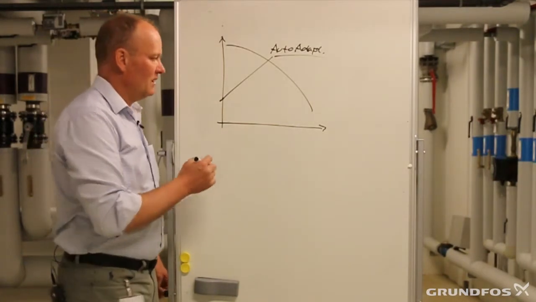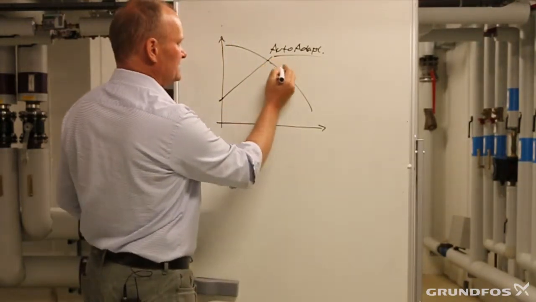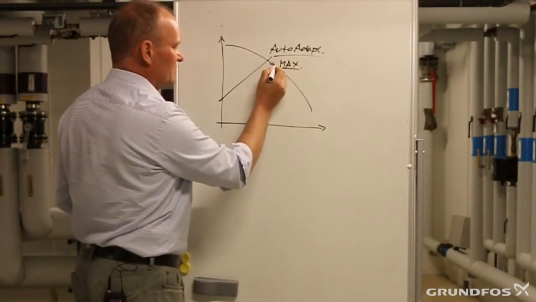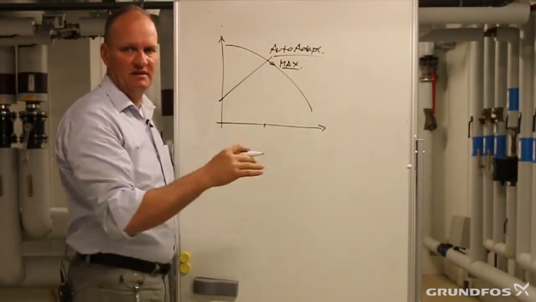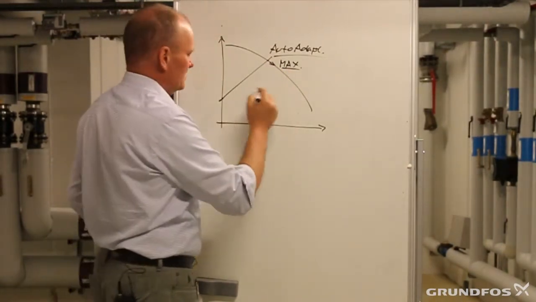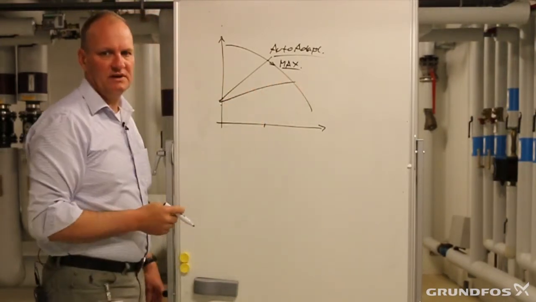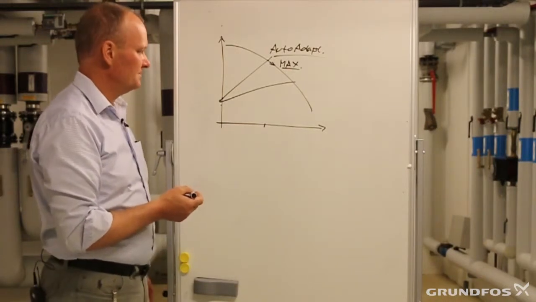So what will happen is that when the pump reaches the maximum curve here, it will start to decrease the pressure slightly, and it will be in a number of steps, so that eventually it will maybe go down to a pump curve which is as low as this one.